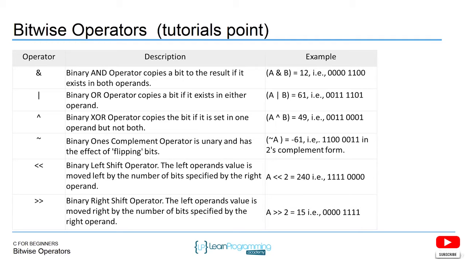Binary ones complement. So again, we're getting into binary data here because we're talking about bits. The one's complement operator is unary and has the effect of flipping the bits, basically just negating them, taking them on or off. So an example here was if you say tilde A, you're applying the ones complement operator. And if it's equal to negative 61, it will be 1100001.